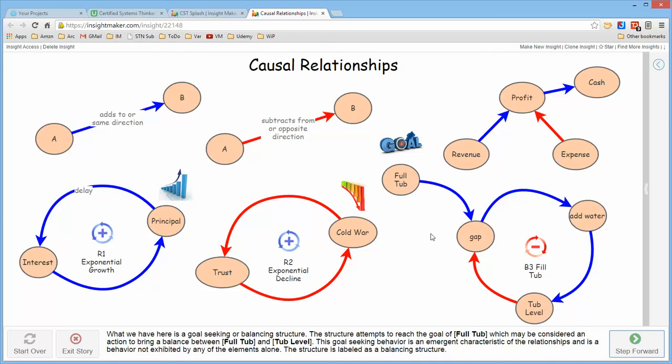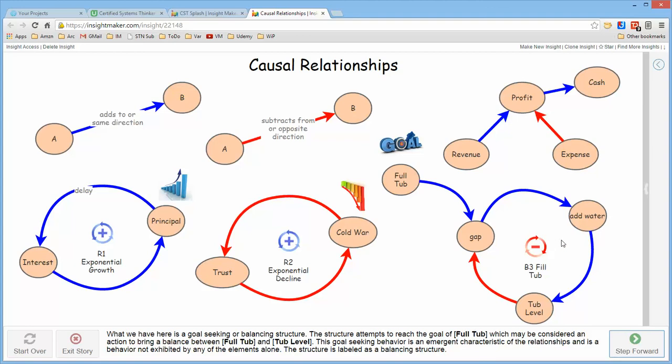The way that you tell one loop from another is you count the number of opposite influences in the loop. If it is 0 or even, it's a reinforcing structure. So here there are 0 opposite relationships, so it's reinforcing. Here there are 2, so it's even. Here, when you walk the loop, there is 1, so it's odd, so it's a balancing structure.